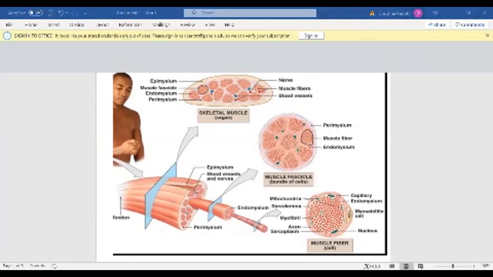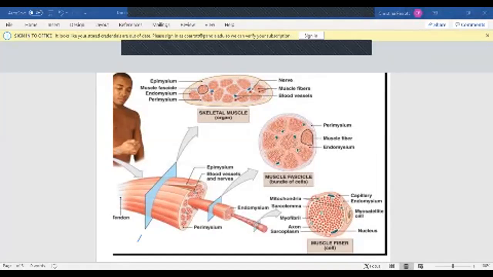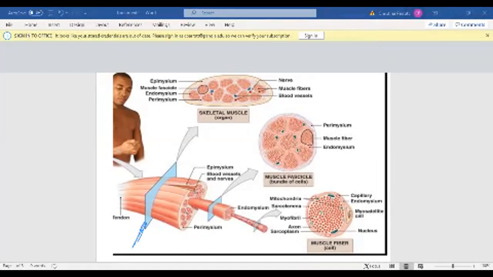Okay. So now let's talk about the top picture there. I'll tell you what, let's talk about where it comes from. So I'm going to use my little pen here again. So you'll see in this picture right here, that picture right there is demonstrating an entire muscle, okay?